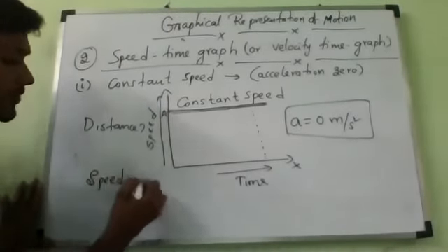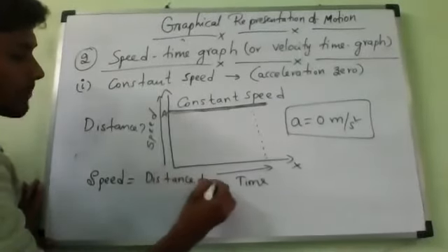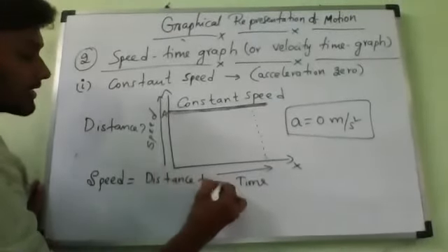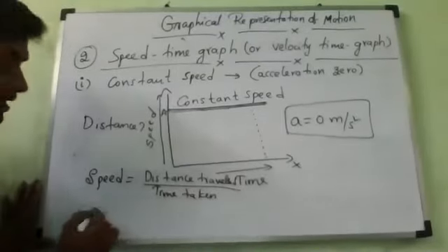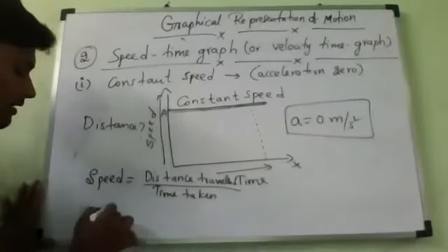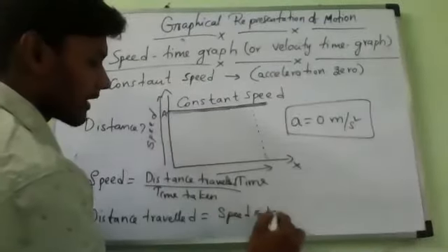Speed is equal to distance traveled divided by time taken, so distance traveled is equal to speed into time taken. Yes or no?